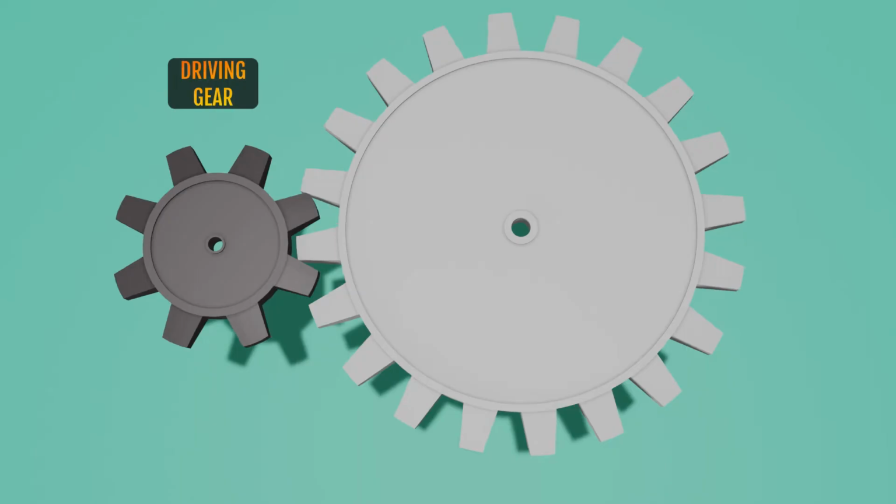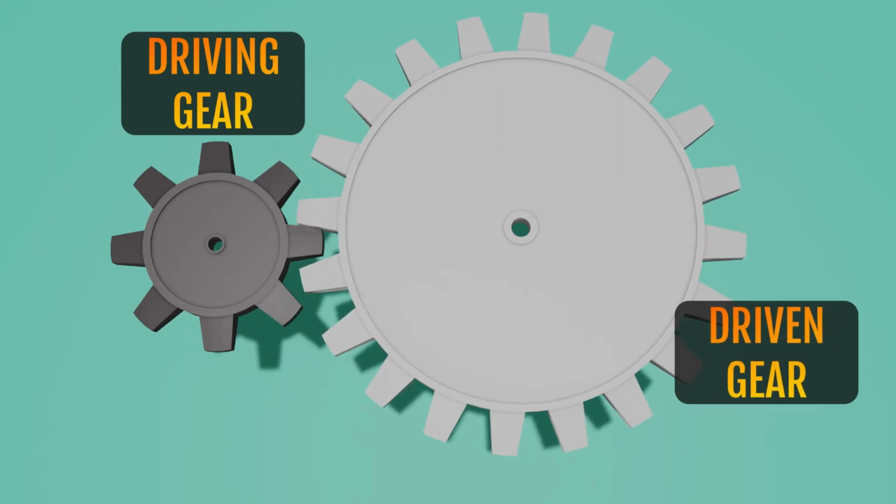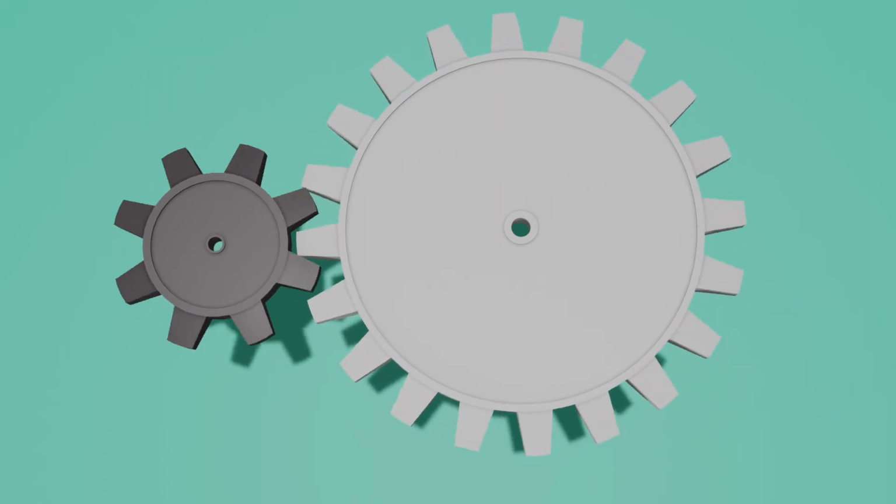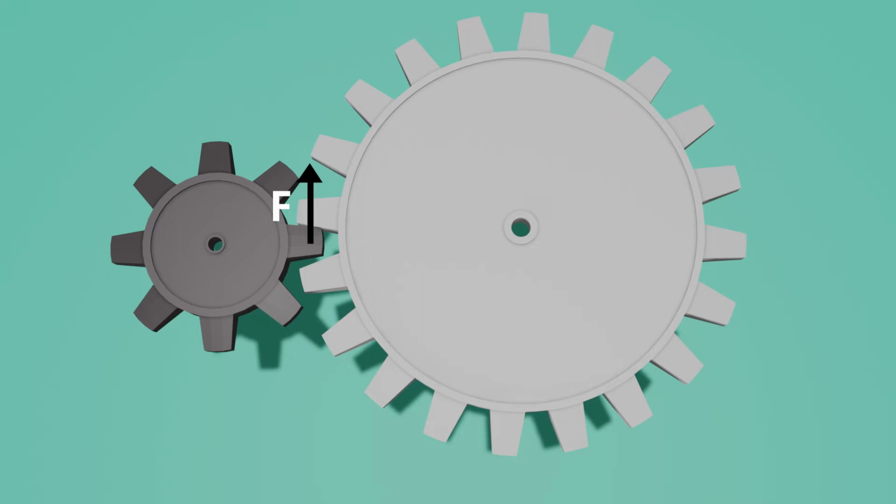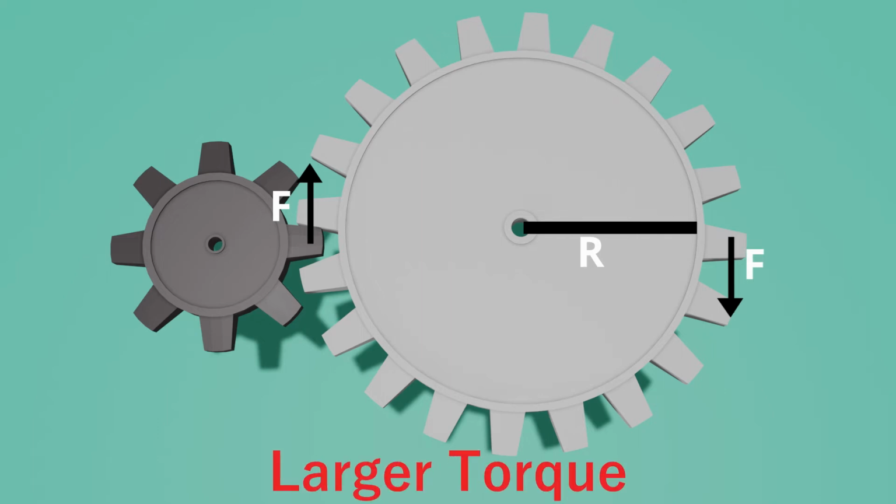In this gear train, let's say that the gear on the left is the driving gear and the gear on the right is the driven gear. So the driving gear applies a force F at the driven gear, which is the same force that the driven gear outputs. The only difference being the radius of the driven gear is much larger.